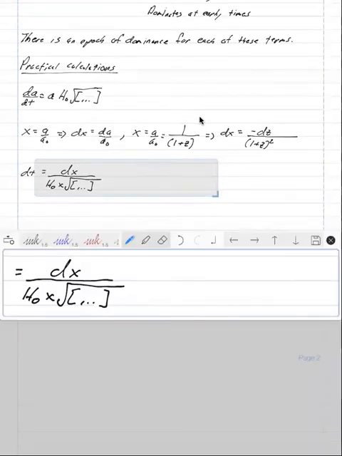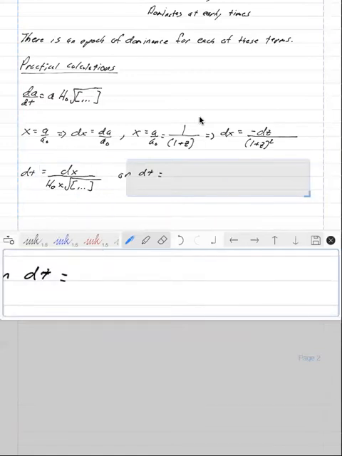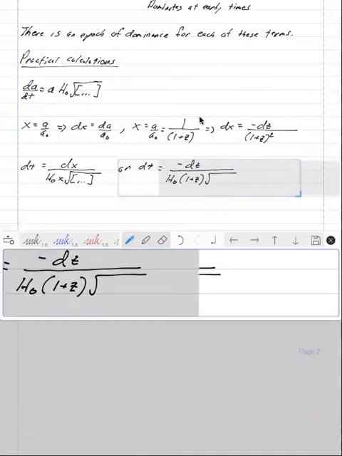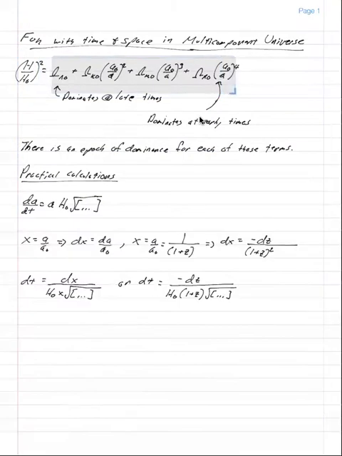Or if we're going to do this in terms of z, then we can say that dt is equal to minus dz over H naught, and then 1 plus z is in the bottom, square root, and all the stuff that's in the bracket. So once again, what's in the bracket is all the stuff that's on the right-hand side up here.